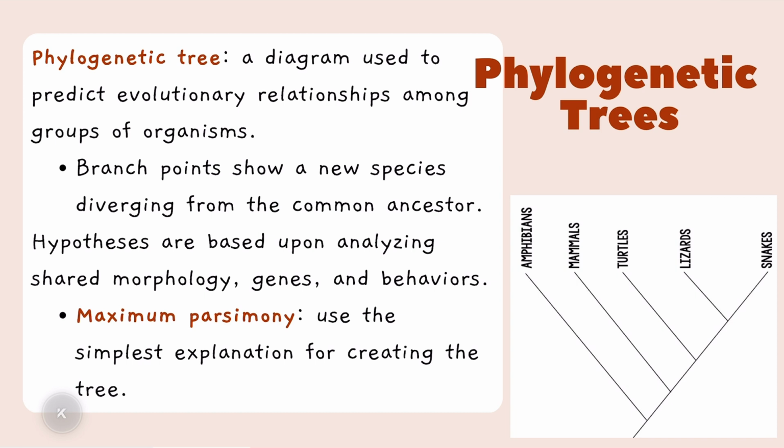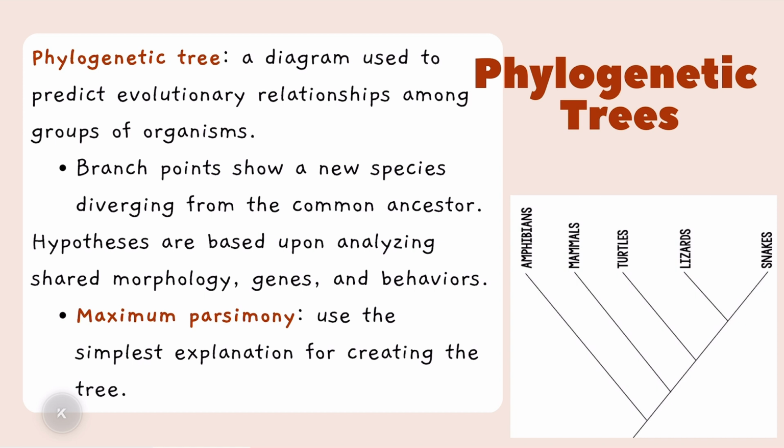So this is a diagram used to predict evolutionary relationships among groups of organisms. All of our branch points here show new species that came about from an ancestor. And we build these based upon either shared morphology, so shared physical characteristics, upon genes, or upon behaviors.